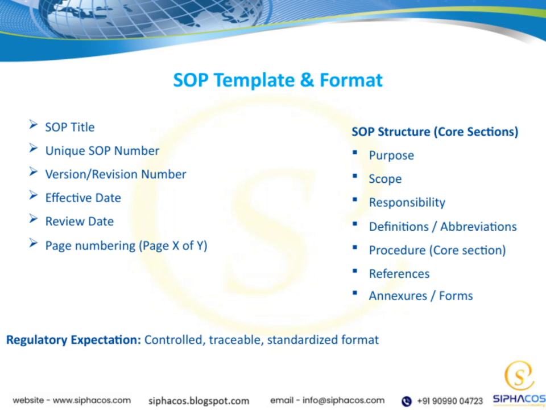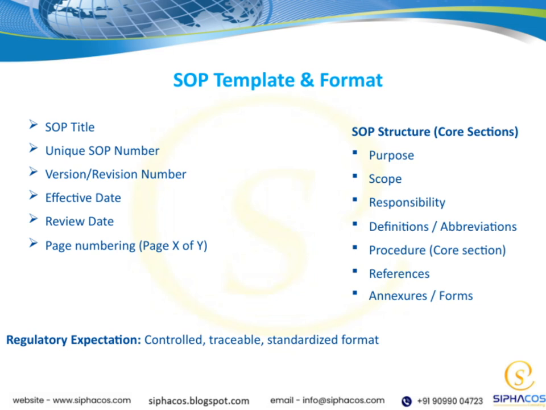Then, the scope defines the boundaries, what areas or activities the SOP covers. Next, responsibility clarifies who is responsible for executing and overseeing the procedures. Definitions and abbreviations are included to ensure clarity and avoid misunderstandings, especially with technical terms.